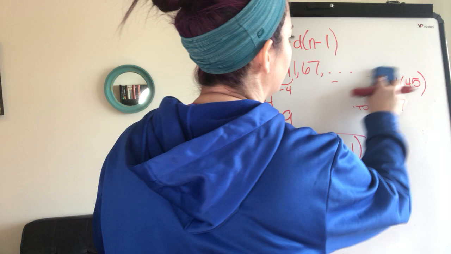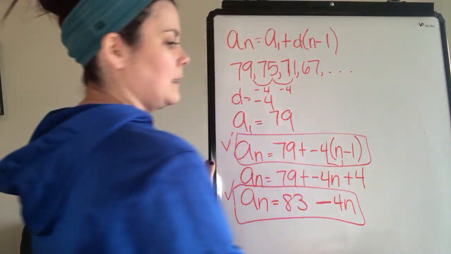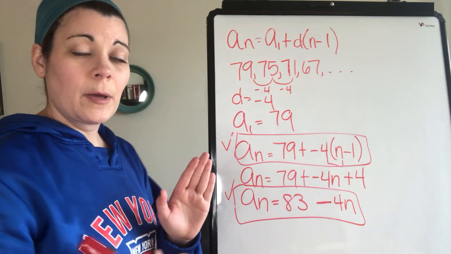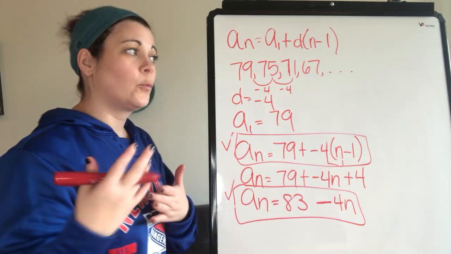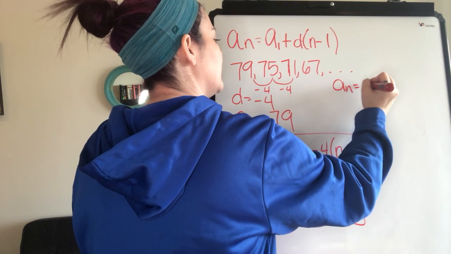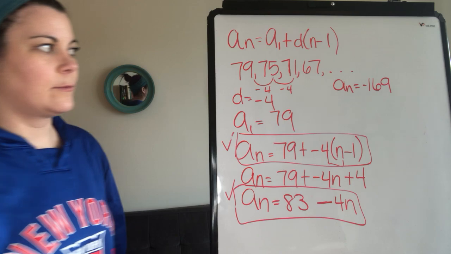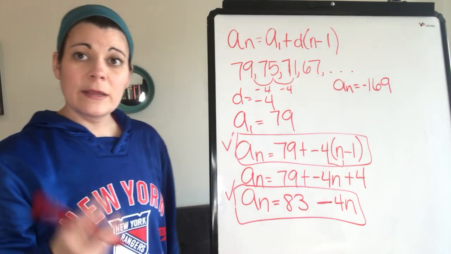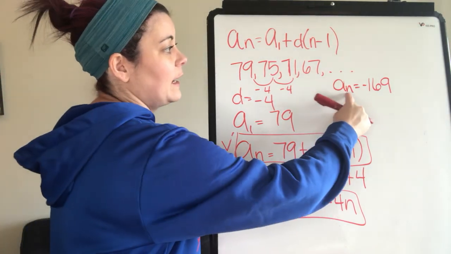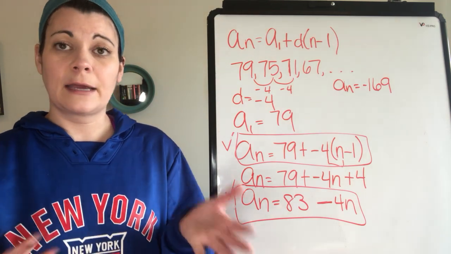Now we're using the same formula, and it's asking what term number is negative 169. In this case, we are given a sub n because we're saying what term number is negative 169.